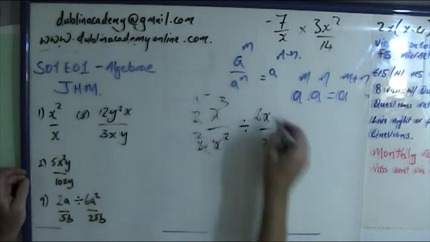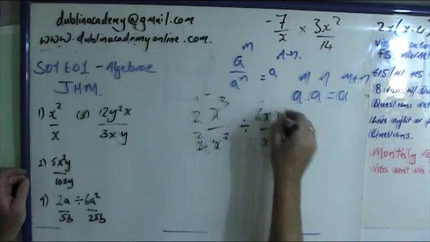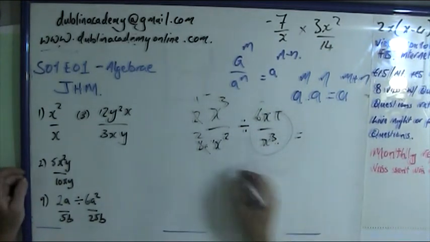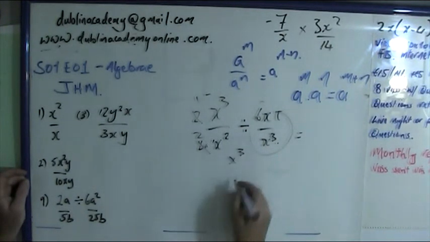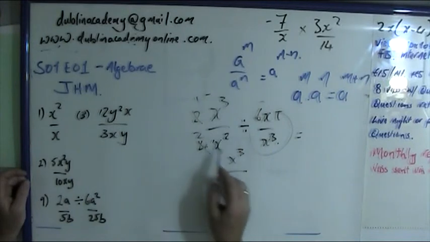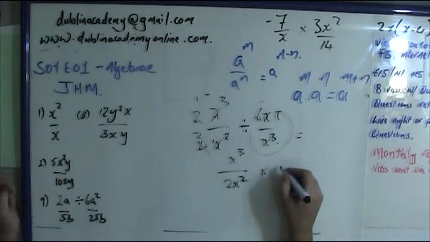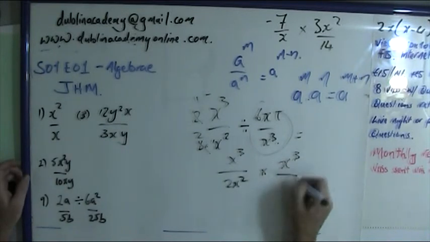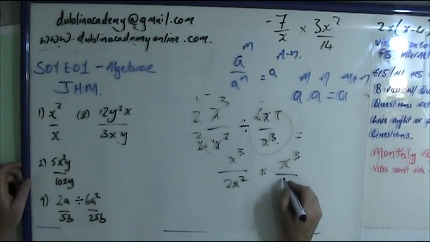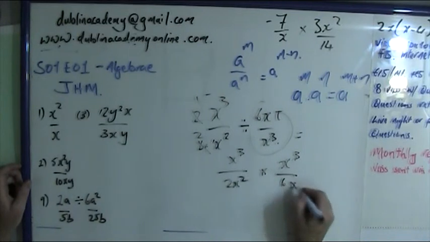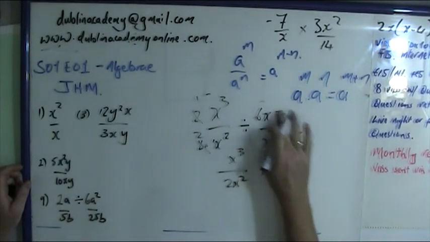I turn this upside down and multiply, so I'm getting x cubed over 2x squared. It seems a mess there, but it's not a mess when you sit down and do it. Over x cubed, I didn't do anything to change any signs, times 6x over 1. That's just 6x.